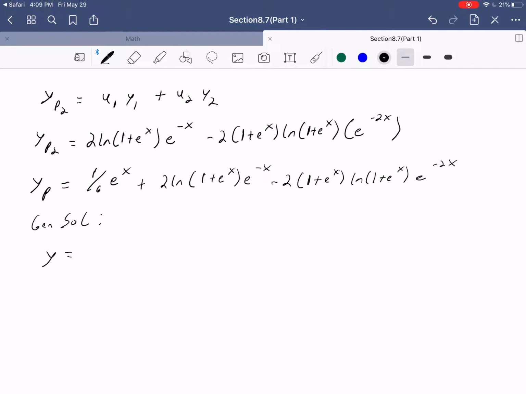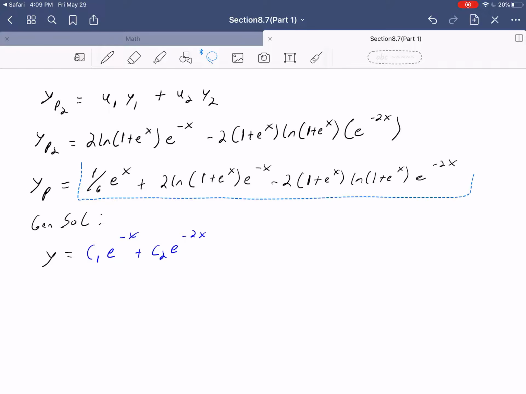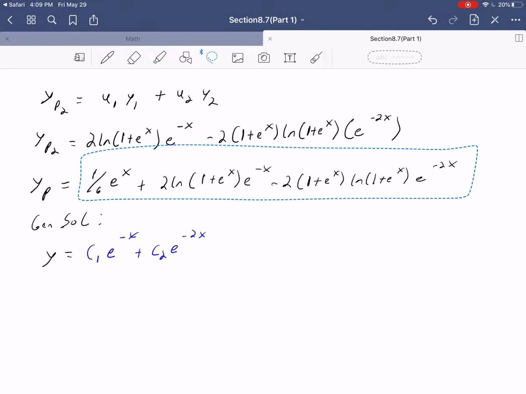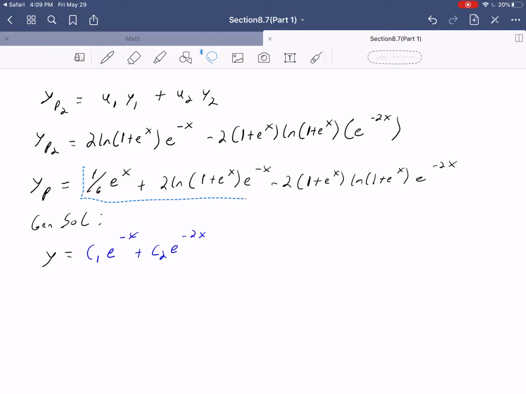is y equals c1 e to the negative x plus c2 e to the negative 2x. And then, just to spare myself a little bit, we'll just grab this guy here. Let's do a better job of that. There we go.